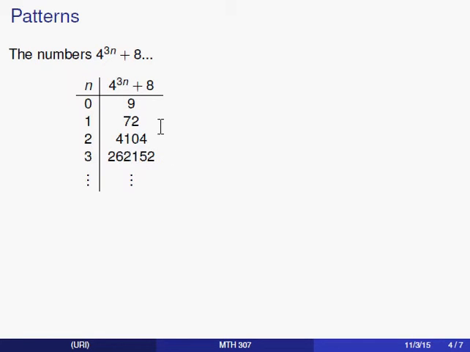If you remember anything about divisibility rules from earlier school experiences, you might be able to tell that each of these is divisible by 9. And so we might conjecture that maybe that's always the case. Is it always the case, and we think it is, that 9 goes into 4^(3n) + 8 whenever n is a non-negative integer? This is a pattern we seem to notice, but we haven't proved it yet.